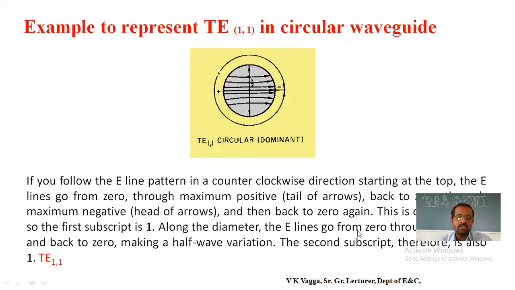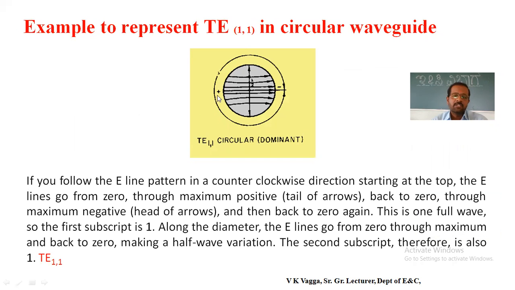Suppose, consider that I have taken one example here in this pattern, so that you can see it starts from this end and forms one complete circle along the circumference. So this is the waveguide, and in this you can see this one circular pattern. So the value of m is equal to 1 here.